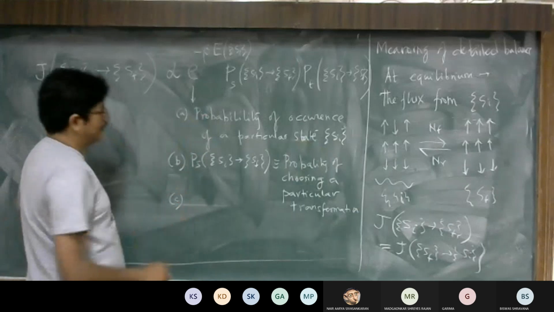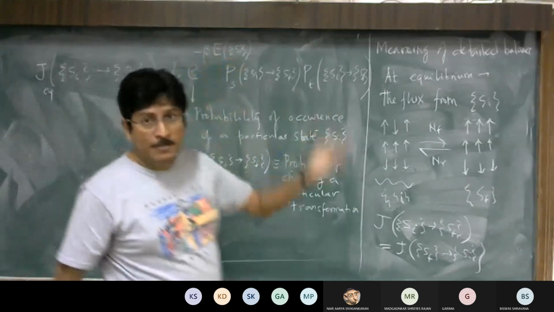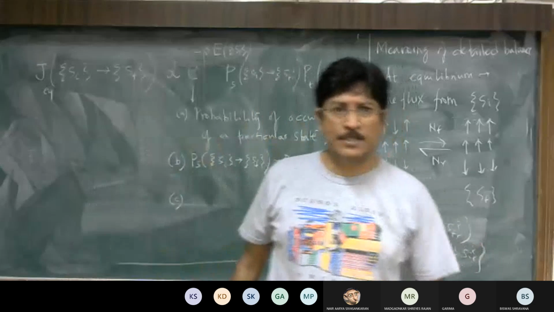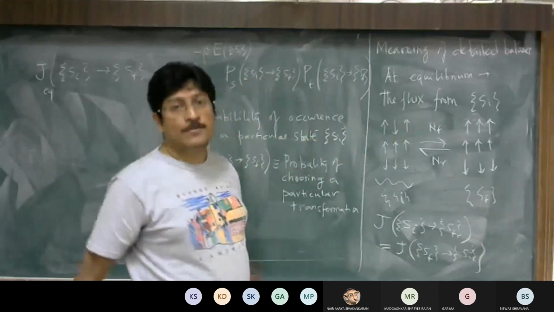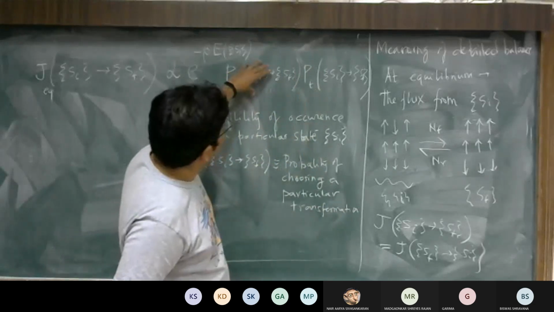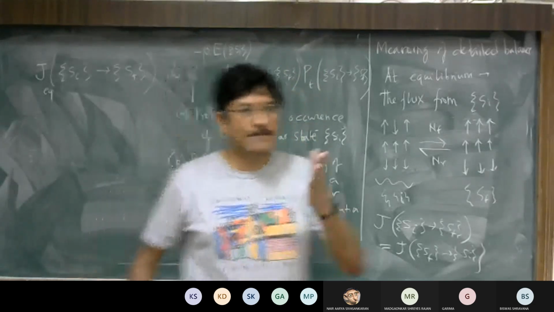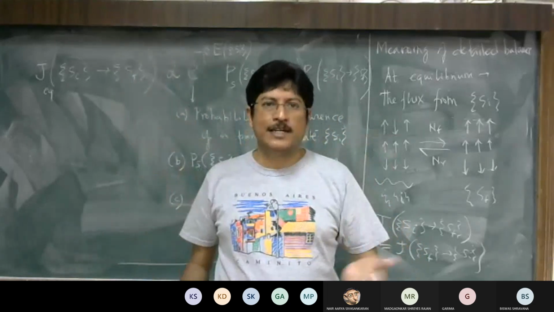And finally, the total flux would be proportional to, of course, the probability with which that particular state happens, and the probability with which SI would transform to some other state. You can think of that as from SI, it could have gone to different states, right?